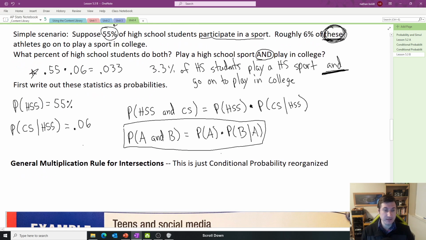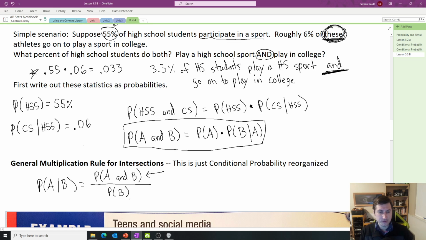Now, one interesting thing to look at, this is actually just a reordering of our conditional probability formula. If you remember from last time, our conditional probability, the probability of A given B is equal to the probability of A and B divided by the probability of B. Well, if I want to get the AND statement by itself, all I have to do is multiply the denominator to the other side.